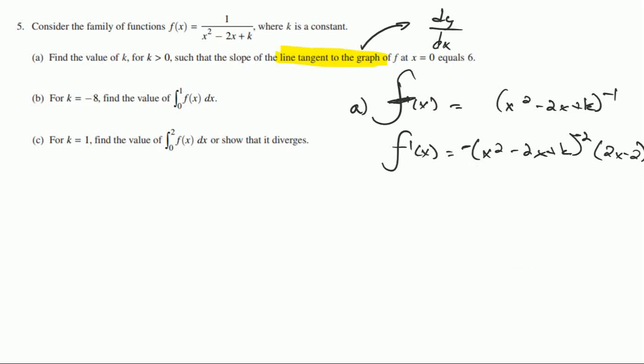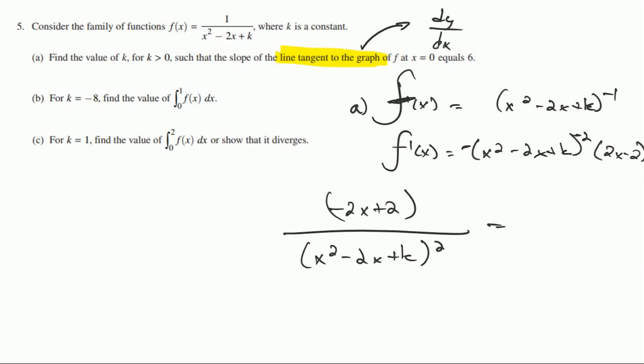So let's set that equal to 6. I can do it now: negative 2x plus 2 over x squared minus 2x plus k, squared, equals 6. Now x equals 0 could be useful.